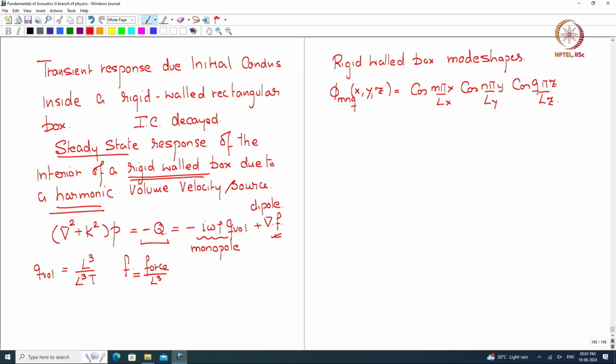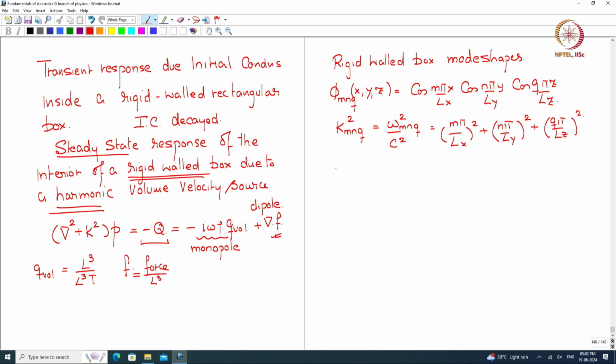And of course the resonance frequency is given by k mnq square, which is omega mnq square by c square, which is m pi by Lx whole squared plus n pi by Ly whole squared plus q pi by Lz whole squared.